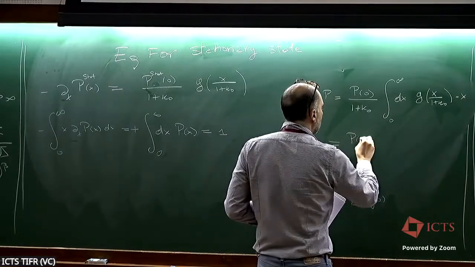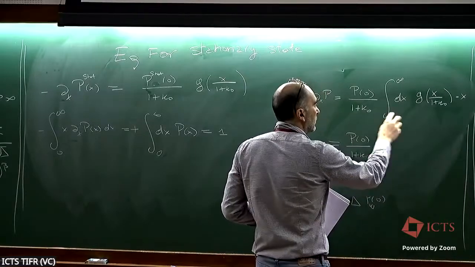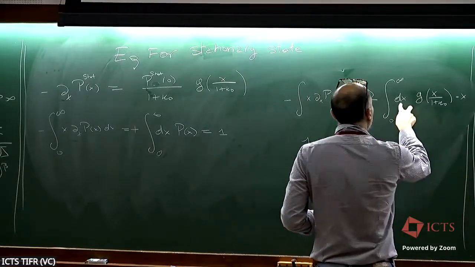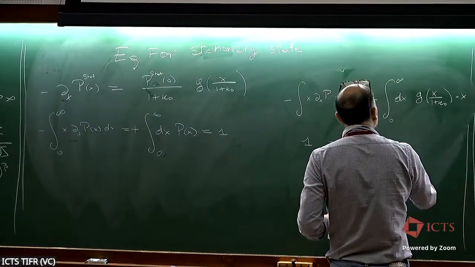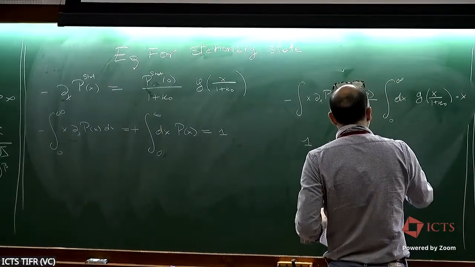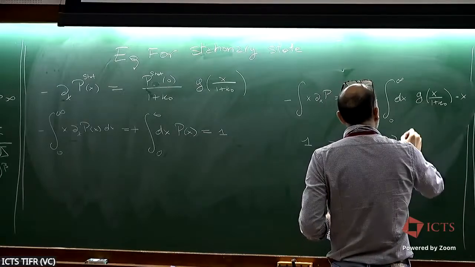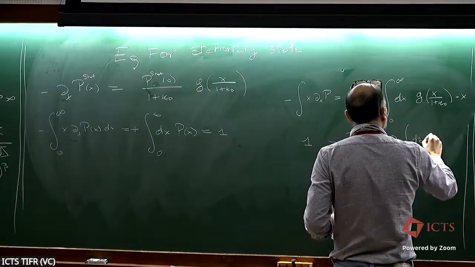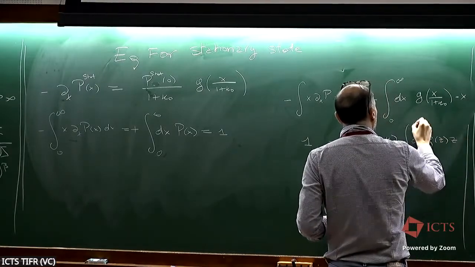And this, so you see you have 1 plus k0 here. Let me do the same thing, 1 plus k0. And then we have the integral in dz, g z, dz, okay, from 0 to infinity.